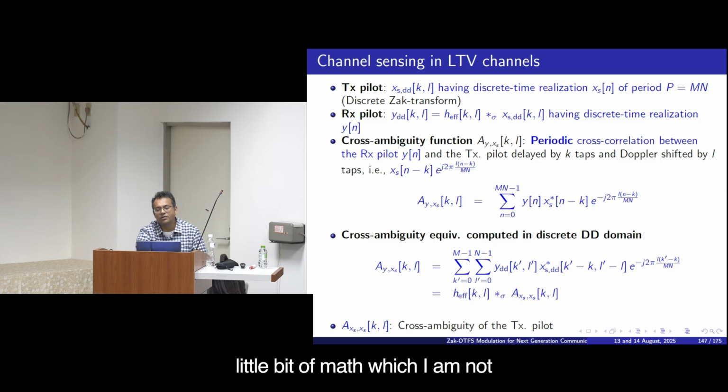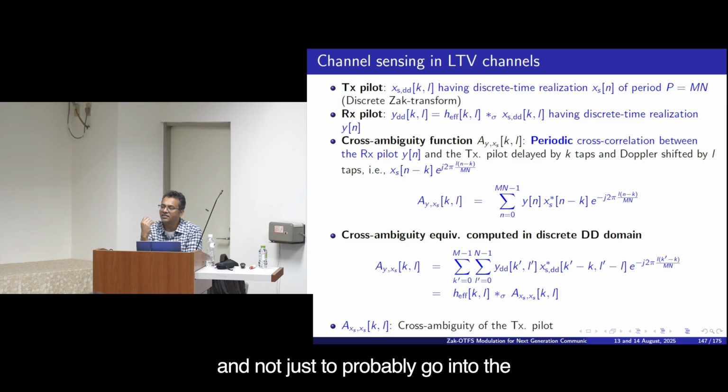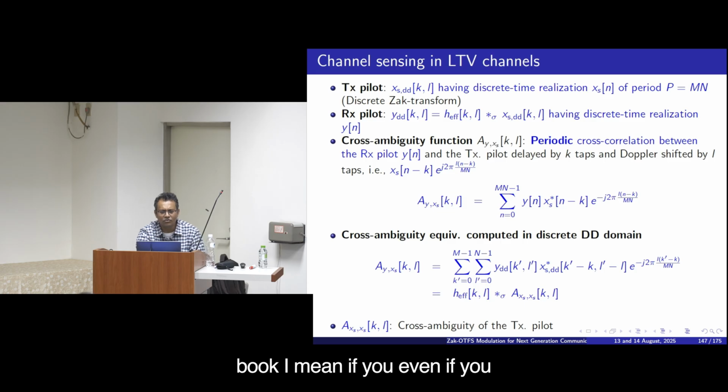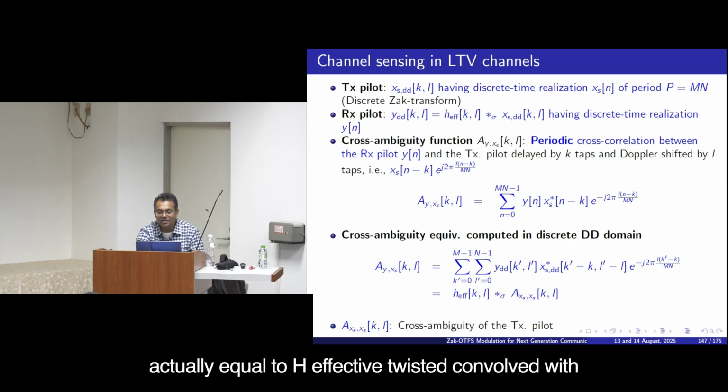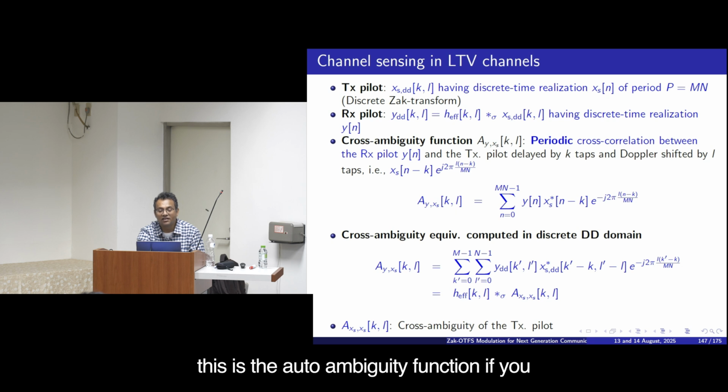And if you do a little bit of math, which I have not shown here, but it's there in your book, in chapter 8. Even if you go and see this paper, which is on arXiv, you'll see a proof which shows that this cross ambiguity is equal to H effective twisted convolved with the auto ambiguity function.